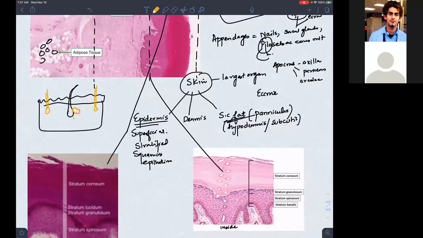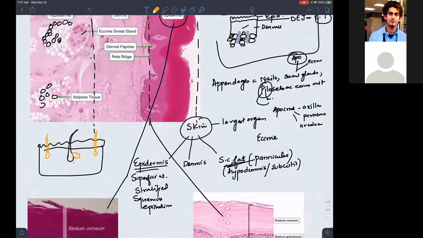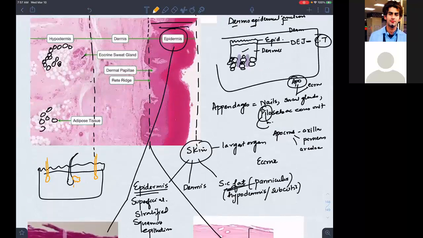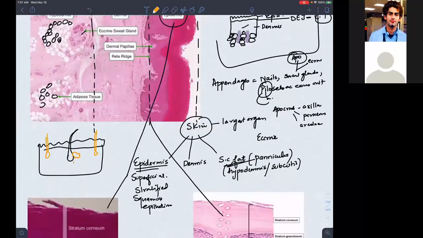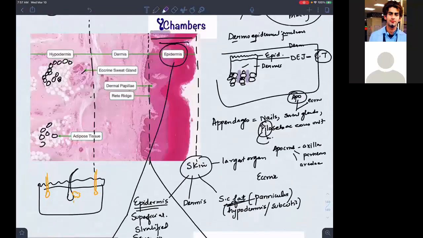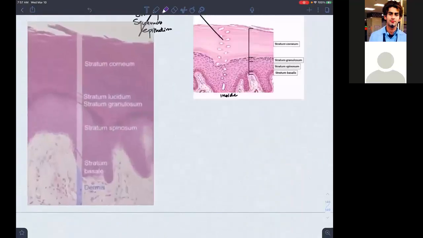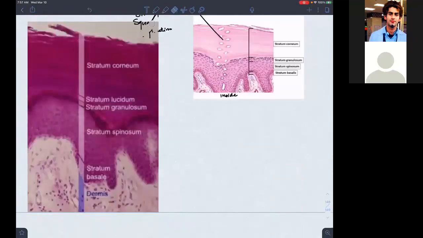Now, these were the things I had to tell you. If I talk about this epidermis now, it has further layers. Those are shown by this diagram. See, this is all. Can you appreciate?